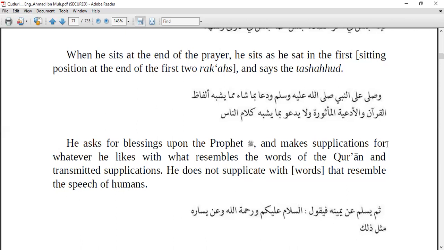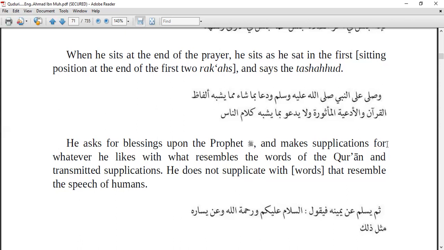Or anything which matches the words of the Quran and hadith, your own words in Arabic which match the meanings and the message, or they resemble the adiyah mentioned in the Quran and Hadith, right? That's what you should be reciting.